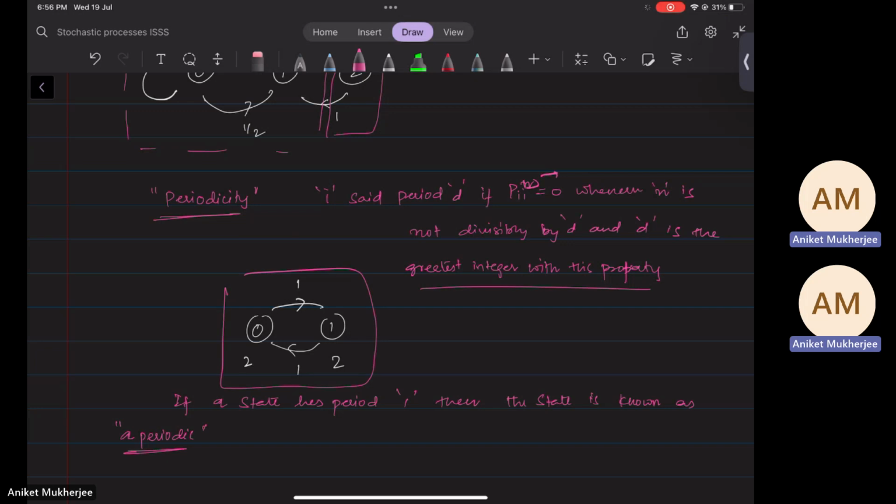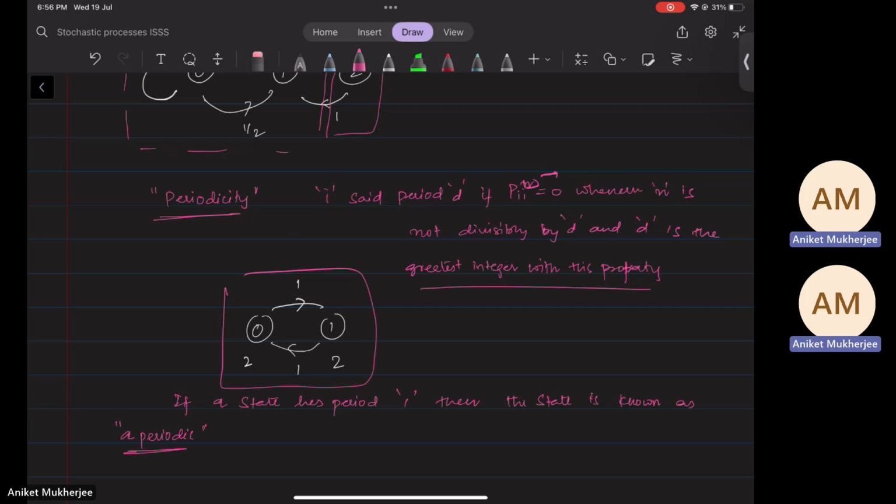We'll see recurrent state theorems and more about irreducibility and the finite state space theorem. We'll see all this in the next class.